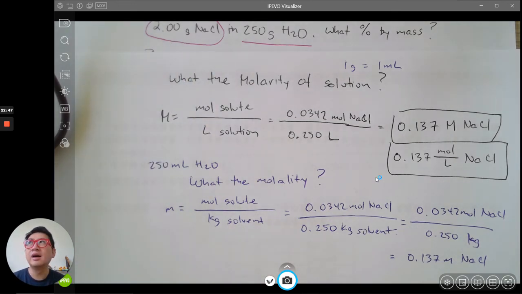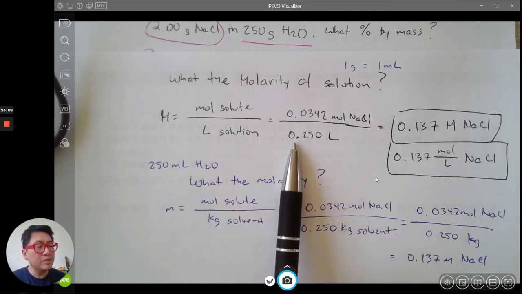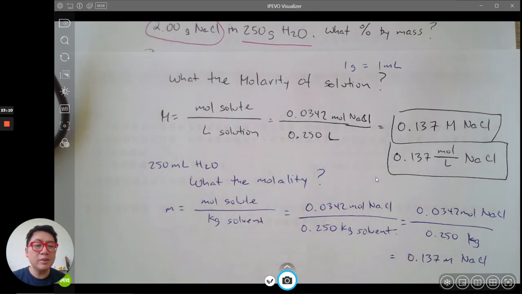Technically I shouldn't have, but I don't know the density of sodium chloride. I would have to look that up to factor that in, but I also know the volume of sodium chloride is not that big, whatever it is. 2 grams of salt is not very big. So technically, this would have been a little bit smaller. I will be a little bit more accurate with these kinds of numbers in future problems.